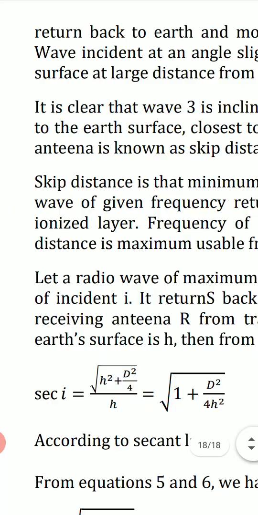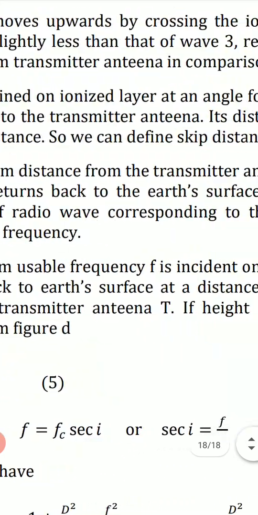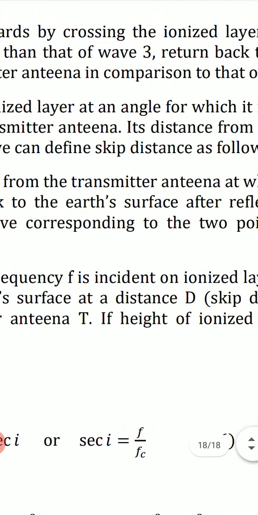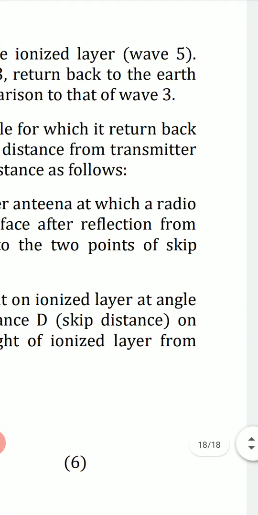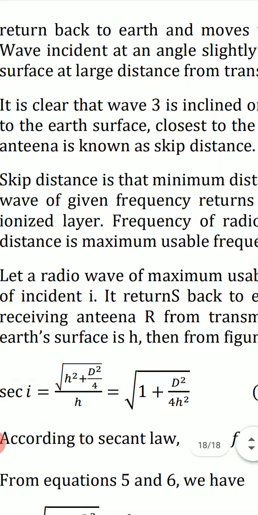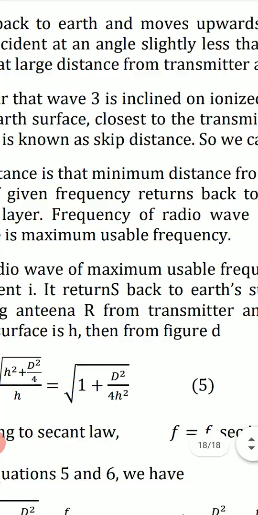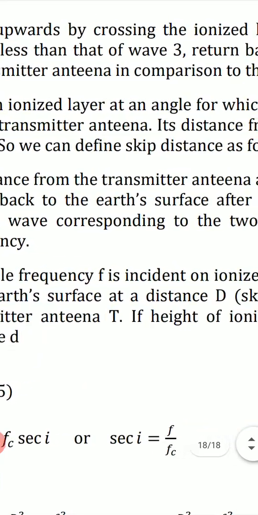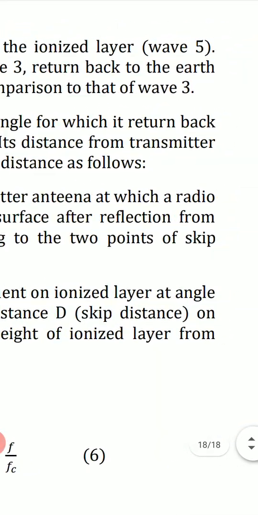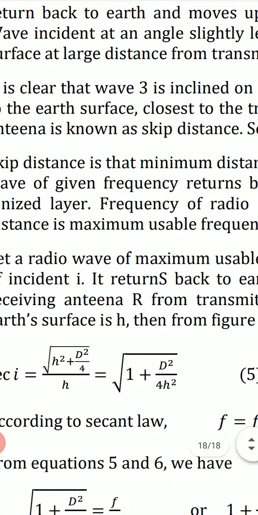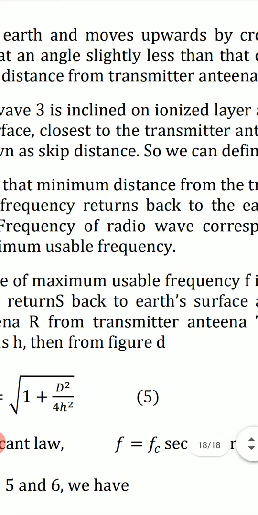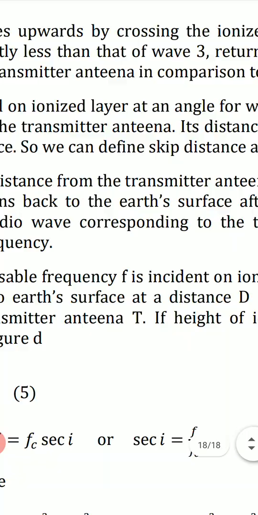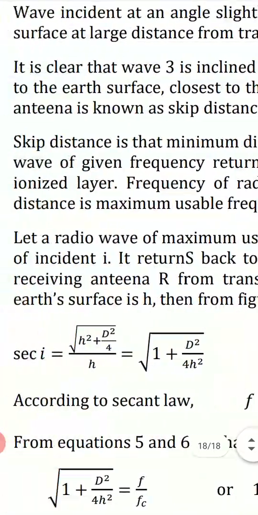It is clear that wave 3 is inclined on the ionized layer at an angle for which it returns back to the Earth's surface closest to the transmitter antenna. Its distance from the transmitter antenna is known as skip distance. So we can define skip distance as follows.